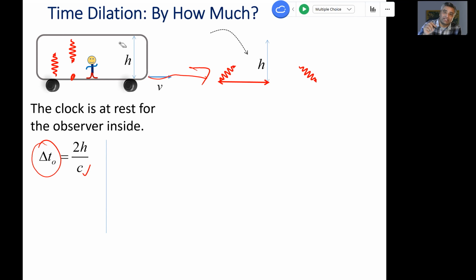What is proper time? When you measure time from a clock that is in the same frame of reference where the event is taking place. And by the way, when we say same frame of reference, what does it mean? As long as they are moving with the same speed, or I should say velocity, even if they are two different objects, the frame of reference is going to be the same.